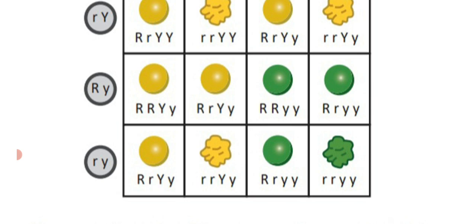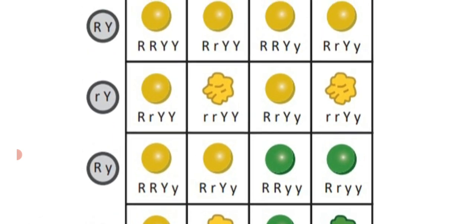Here also one dominant trait, one recessive trait, capital RR and small yy. Okay, so that is another type of plant. The last one, both of them are recessive: small rr and small yy. So these are the 4 different types of plants which are produced at the end of the F2 generation of the dihybrid cross.